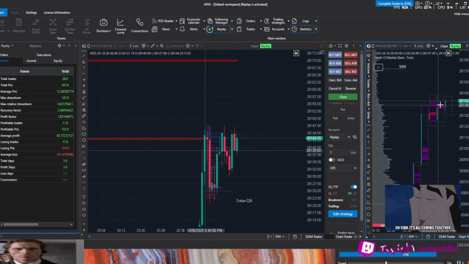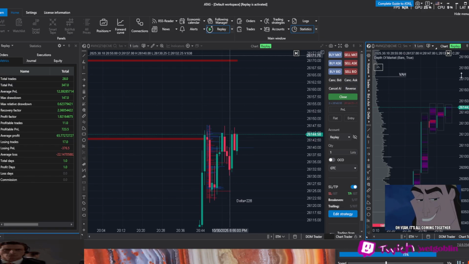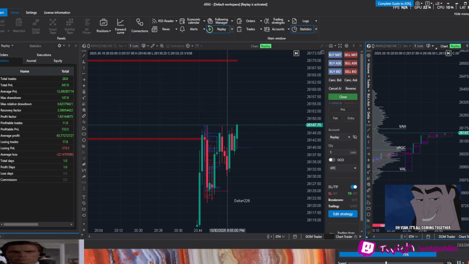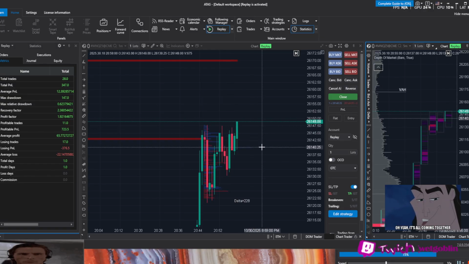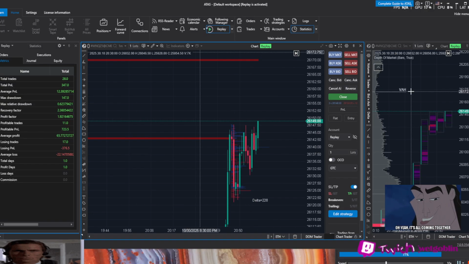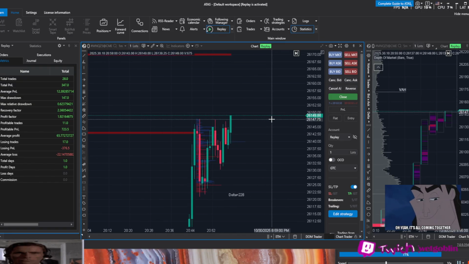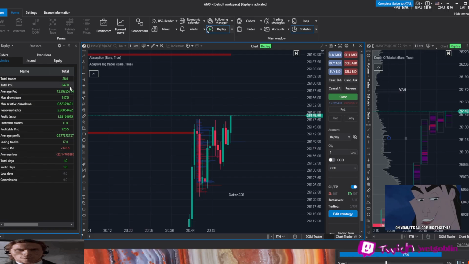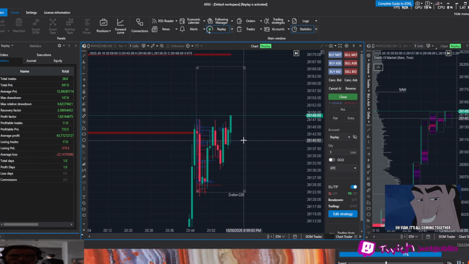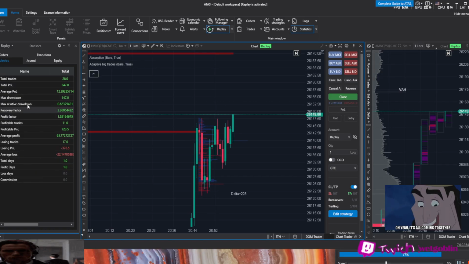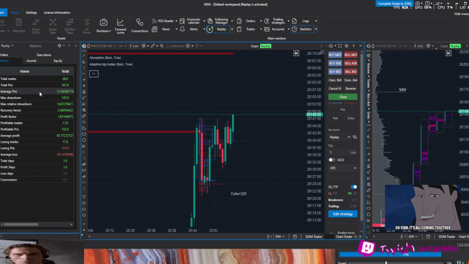There's obviously consolidation, but we are getting near the value area high here of a very bottom heavy day, which is above this bid here. I wonder what recovery factor is.